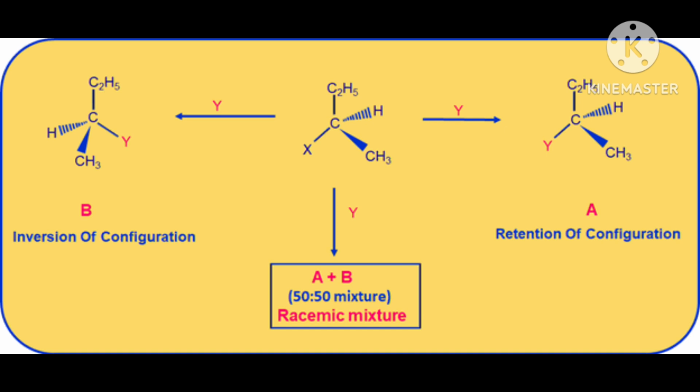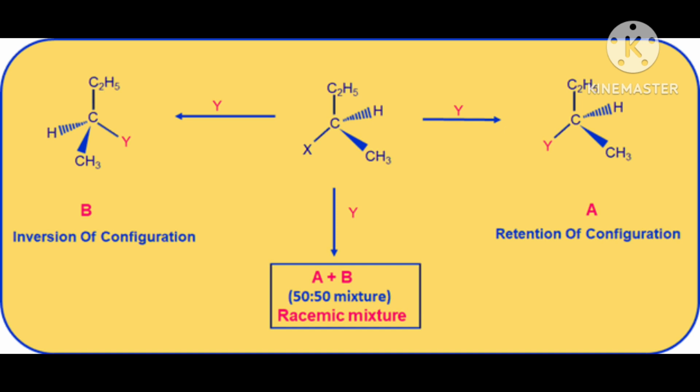In general, if during a reaction no bond to the stereo center is broken, the product will have the same general configuration of groups around the stereo center as that of the reactant.